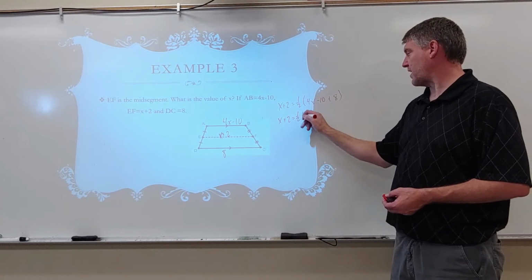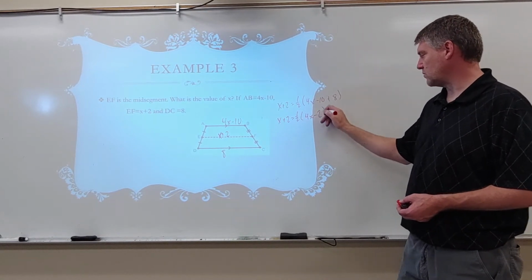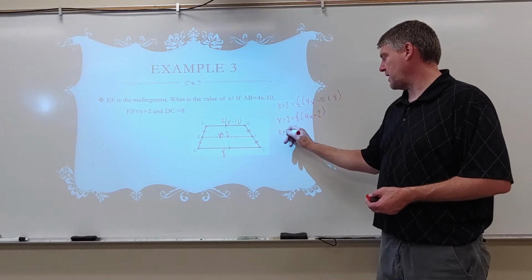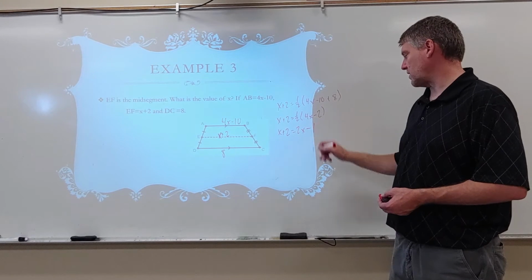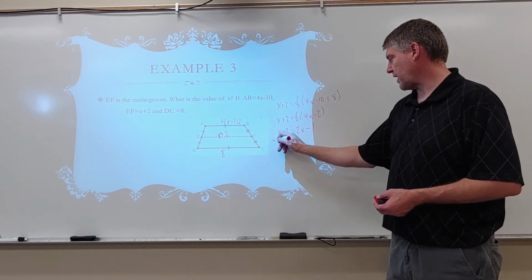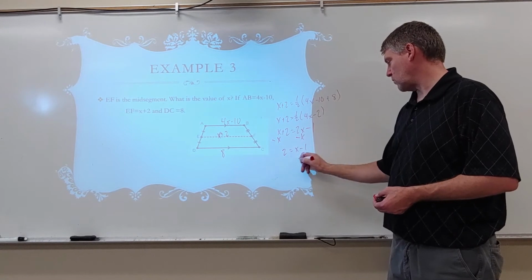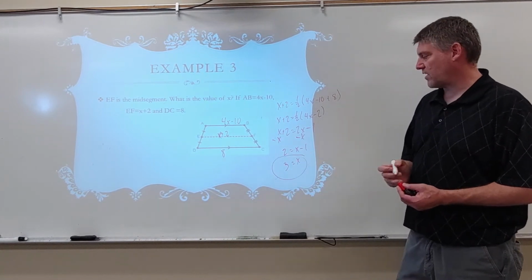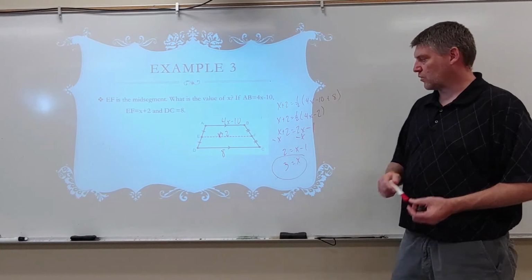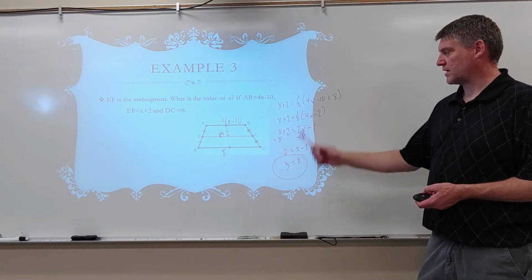I'm going to simplify inside my parentheses first. So I get 4x minus 2. I'm going to distribute my half. Half of 4 is 2. Half of 2 is 1, so I have 2x minus 1. Subtract off my x. 2 equals x minus 1, or x equals 3. There's my value of x, which is going to satisfy all of those conditions.